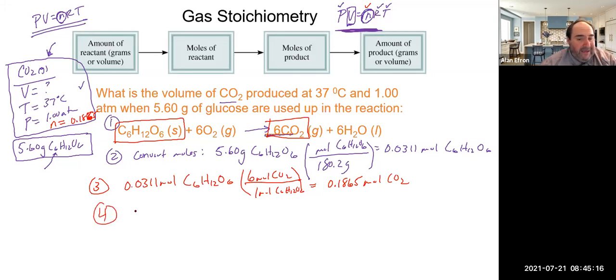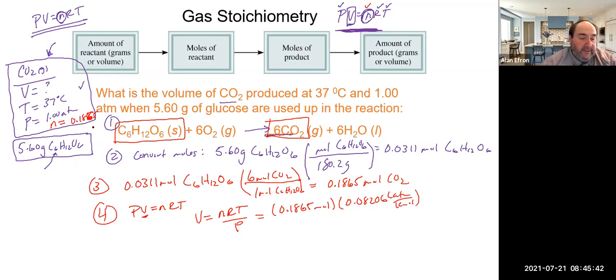On the back end here, we are going to use PV equals nRT to convert those moles into some other unit. In this case, it would be volume. So the volume would be nRT over P. We have each of those numbers. So n is our 0.1865. Our R is our 0.08206.